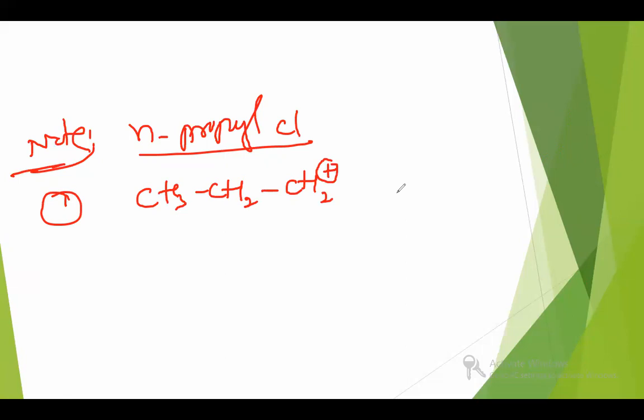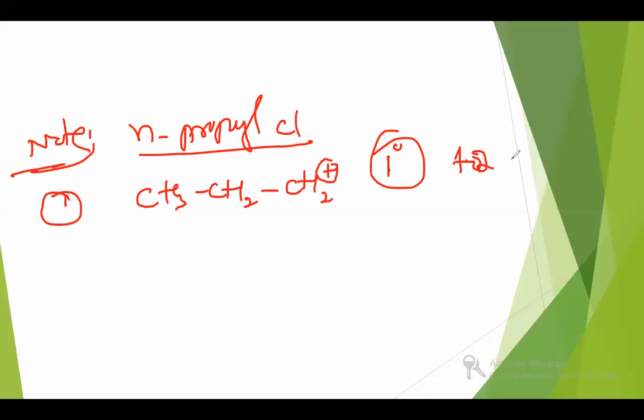This carbocation is extremely unstable because it's a 1 degree carbocation. Compared to 1 degree and 2 degree, the 2 degree carbocation is stable. Due to being extremely unstable, it changes to a more stable arrangement, from 1 degree to 2 degree.